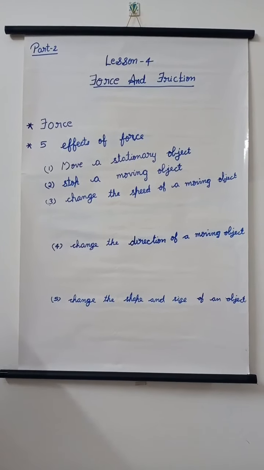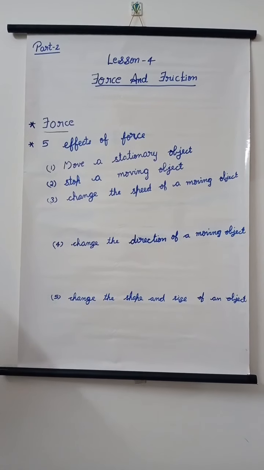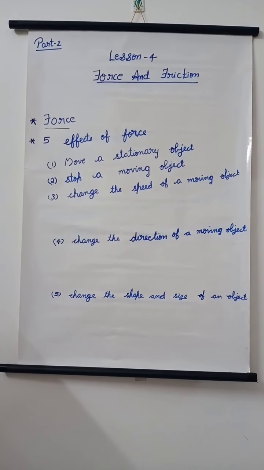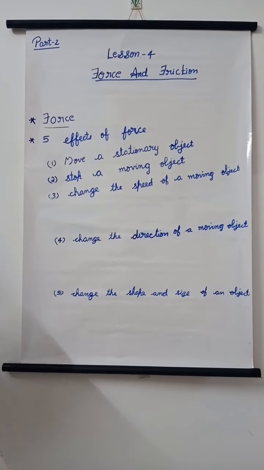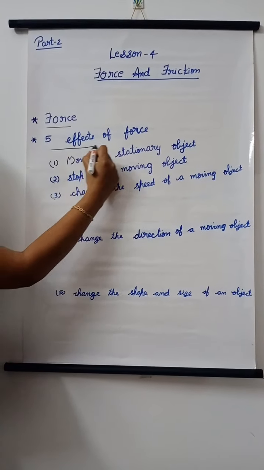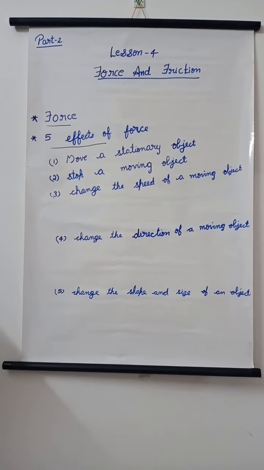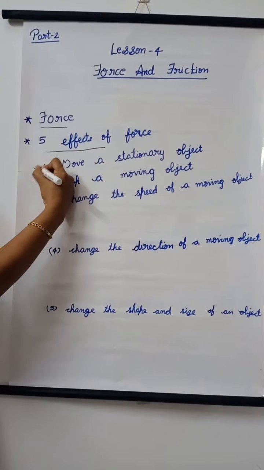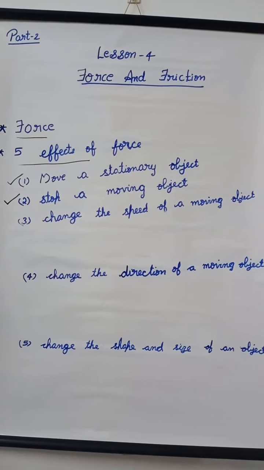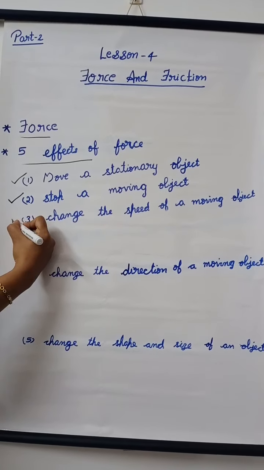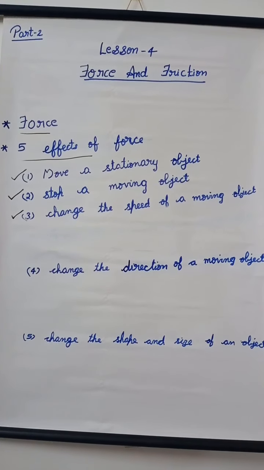Let us brush up what we have learned till now from this chapter. We have learned that force is a push or pull acting upon an object as a result of an interaction. Then we have learned that force has five effects. That is, a force can move a stationary object, a force can stop a moving object, a force can change the speed of a moving object.